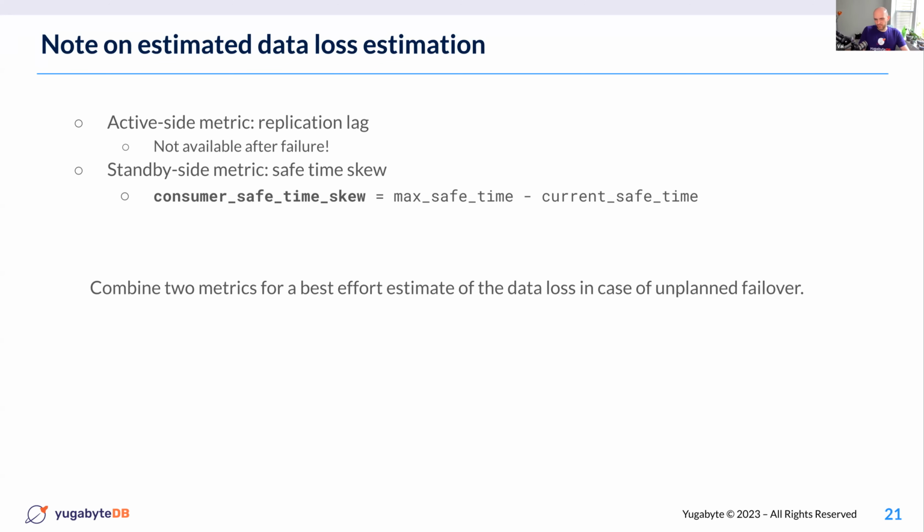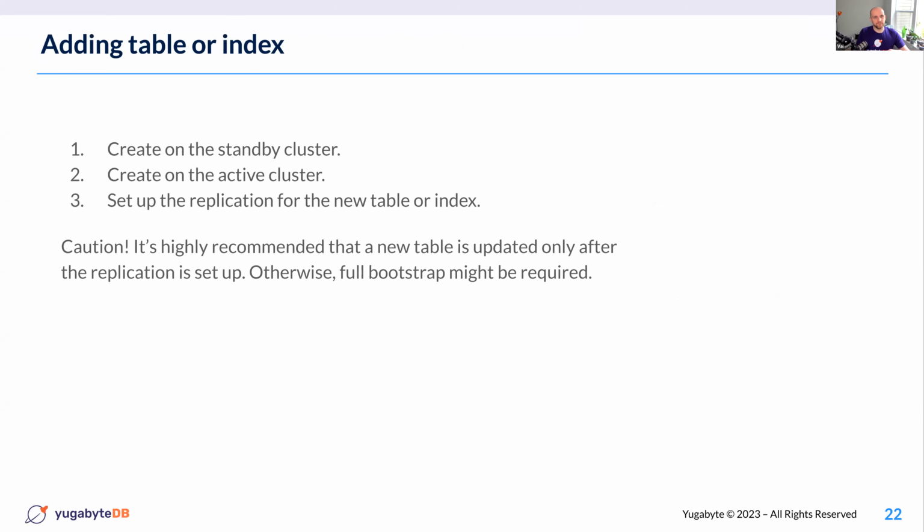This is important because, depending on what the data loss would be if you go through the failover process, it might influence your decision on whether you actually want to do failover or not. In some cases, if the estimated data loss is too large, you might want to take the downtime, wait for the cluster to come back up and reload the data. So this is how you do the estimation in case of unplanned failover.